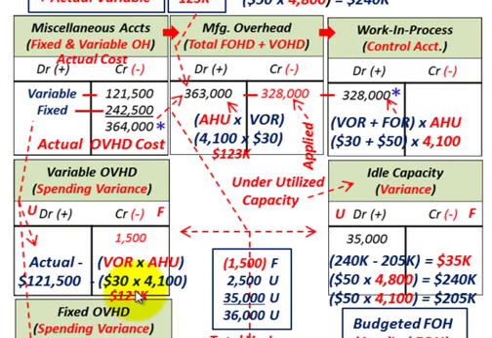So we got $123,000 here. So that's really a favorable amount because we've allocated $123,000 based on our rates and our actual hours used, but we actually used only $121,500. So we're going to have a credit amount, favorable amount, of $1,500.